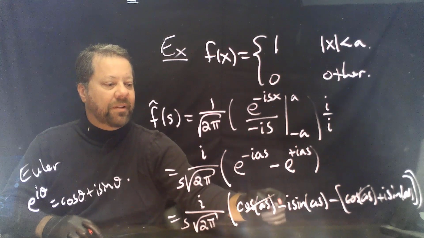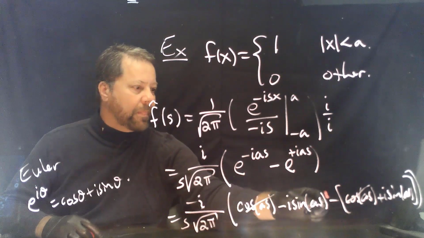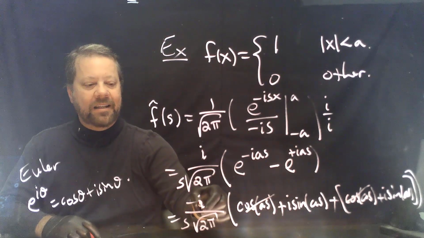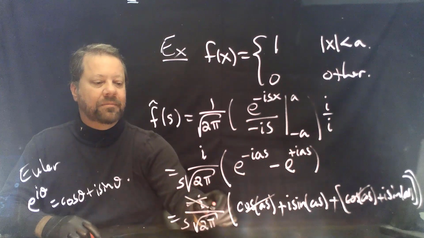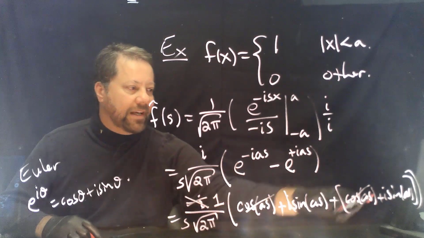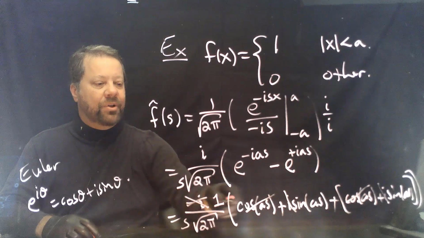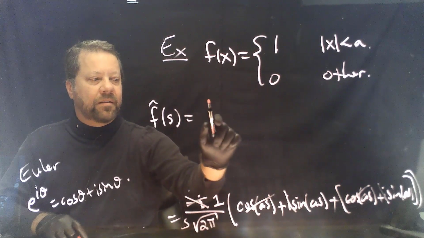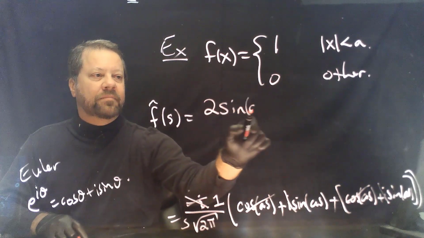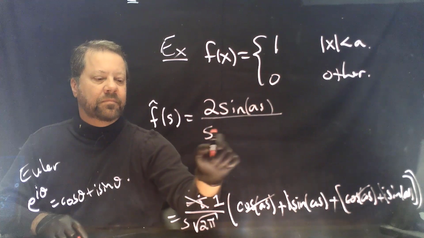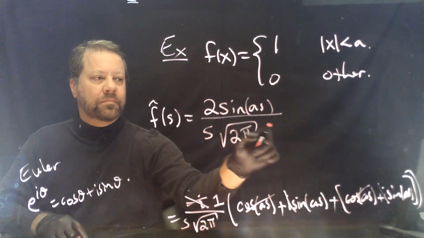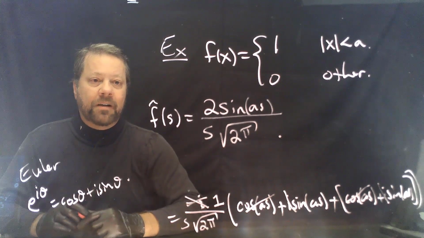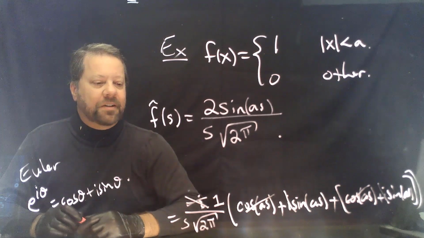We'll have another, well, the negative can come out of what's left over. The i can come out, cancel the i here, making a positive 1. Getting rid of the i's, and we'll just have 2 sine as over root 2 pi s. And we've found the complex form of the Fourier transformation of this function.